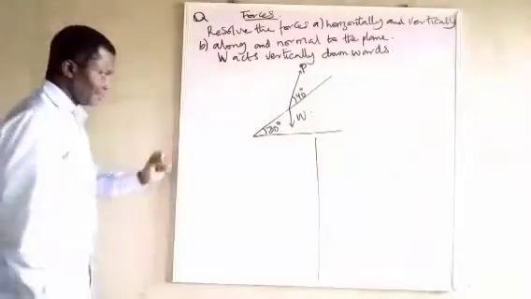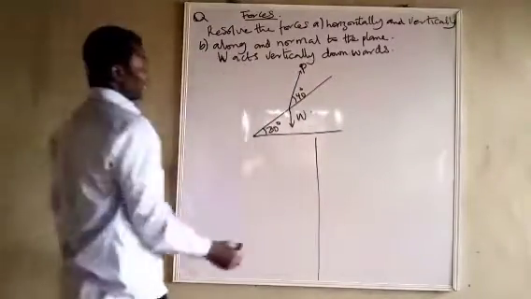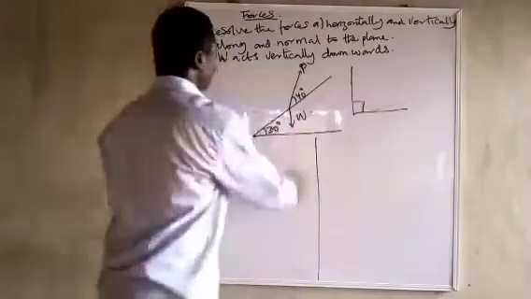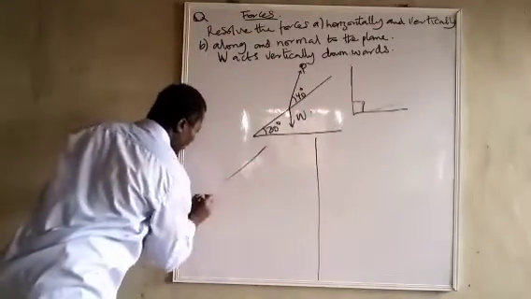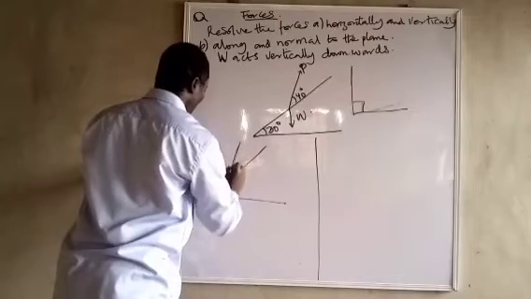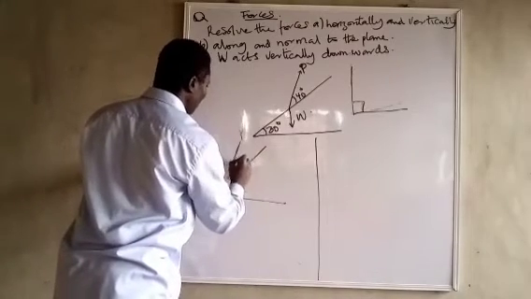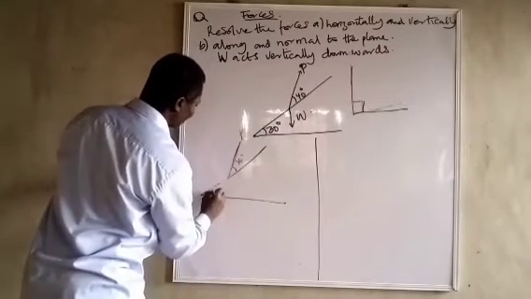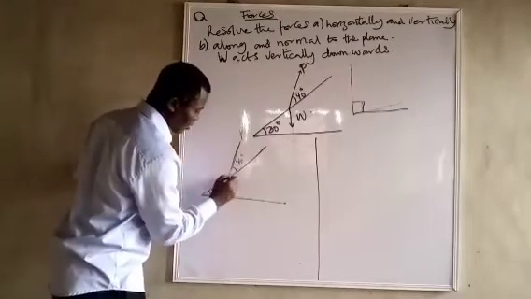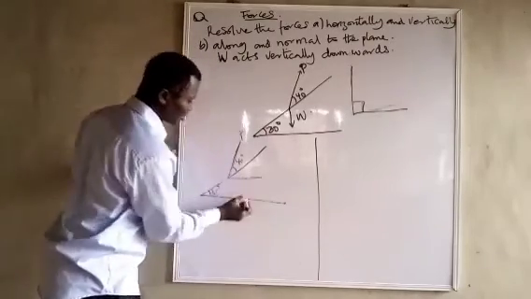This is the diagram. You can see horizontally and vertically, that is like this. So we are to have it like this. Let's draw it like this and do each force. We have P like this, and it sustains 40 degrees here, and we have 30 degrees. The plane is 30 degrees to the horizontal. Now, let's draw this parallel to this horizontal.